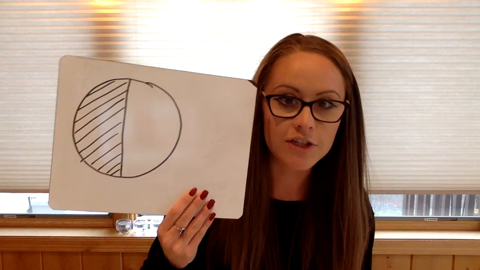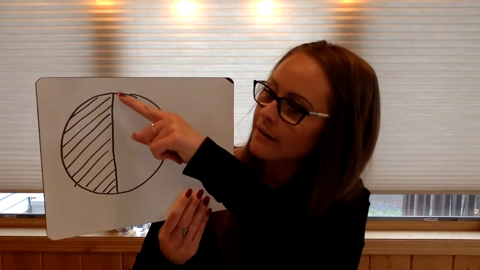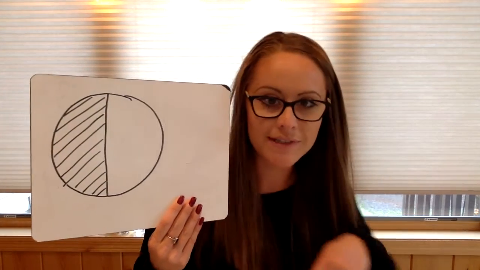So it's a circle, and I partitioned it, split it in half, and I colored one side. You think you can do that for the rest of them? Awesome. You can finish that one up, and then we're going to head to page 57 for our problem solver, okay?